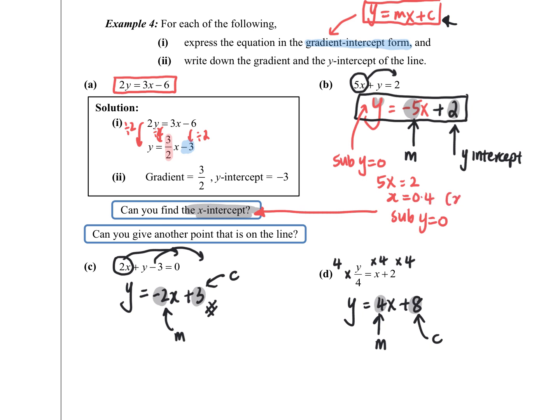So this is your x-intercept. Okay, sub y equals to 0. Okay, this is also your x-intercept.